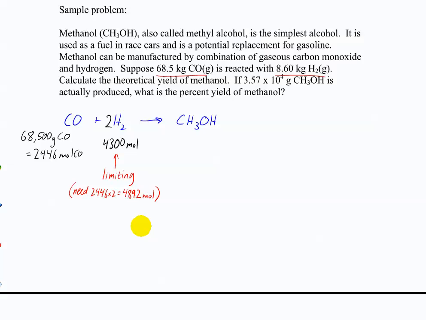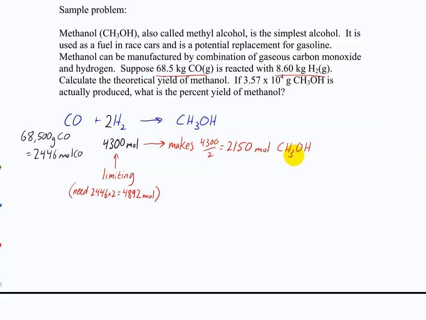Half of it. Yeah. So the 4,300 moles of hydrogen, which is limiting, makes 4,300 over 2, or 2,150 moles of methanol. Okay.